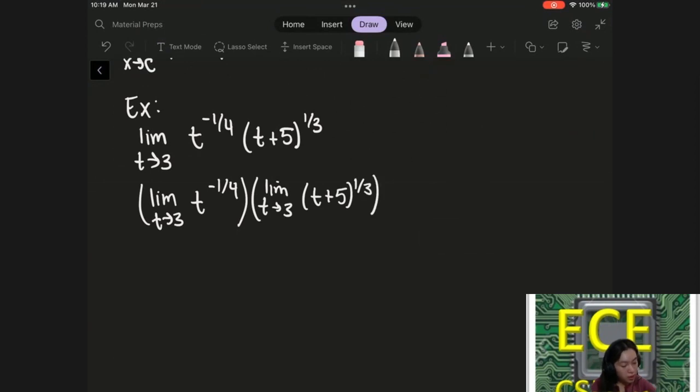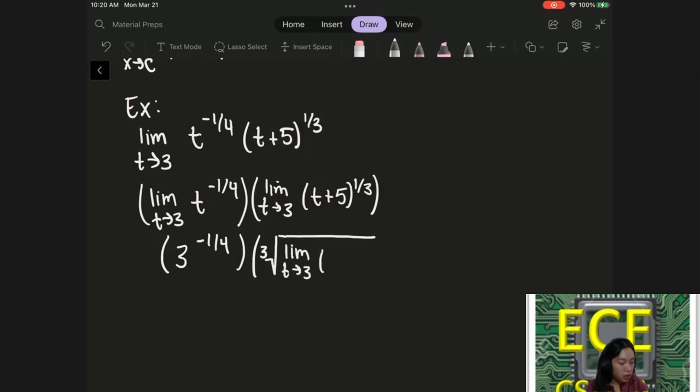So the first one is simple. It's 3 to the negative 1/4. And the second one, however, the exponent of 1/3 makes things a little more complicated. But I'm going to take it out of the limit. And exponent of 1/3 is just the cube root. So I'm going to do the cube root of the limit as t approaches 3 of t plus 5.